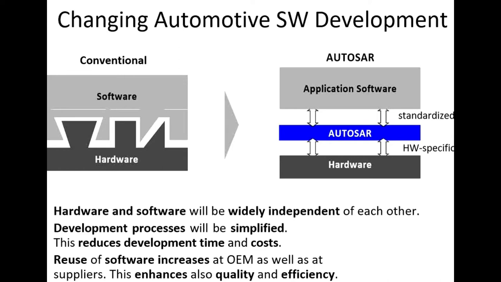They interact with a layered approach because in between application software and the hardware we have many layers. So you can see in the second diagram, hardware and software will be widely independent of each other. Development process will be simplified, and it also reduces the time as well as cost.